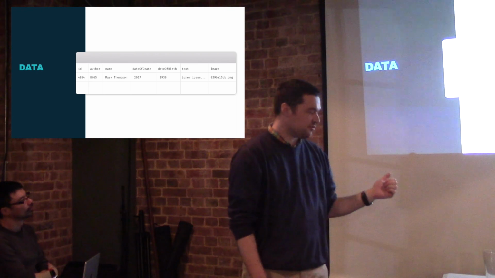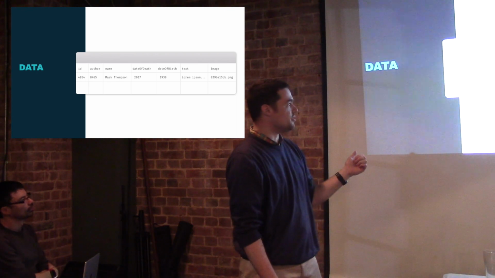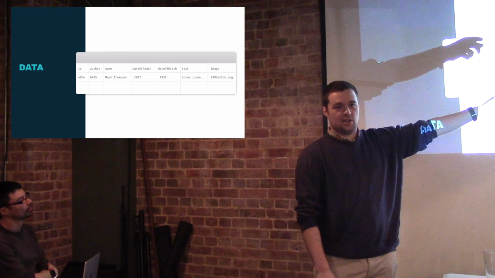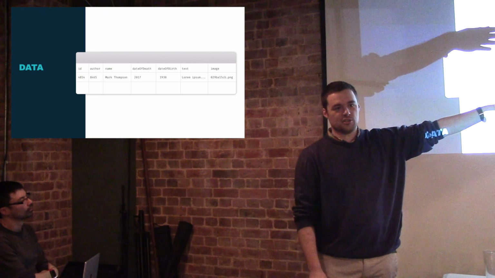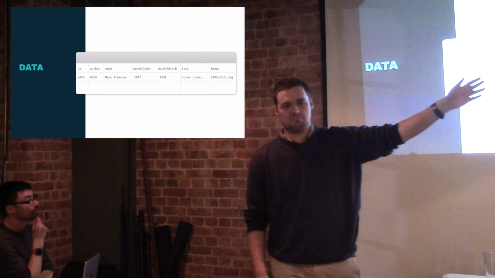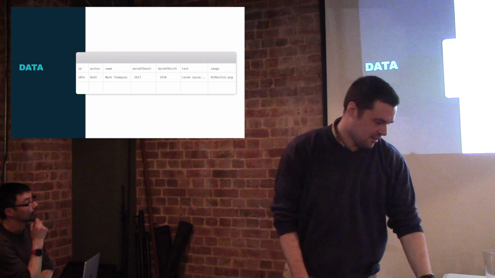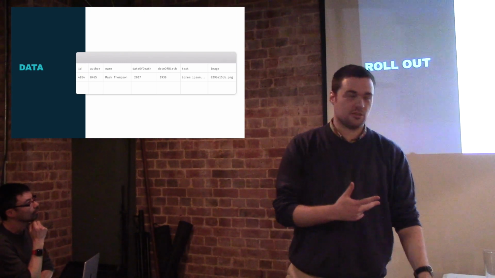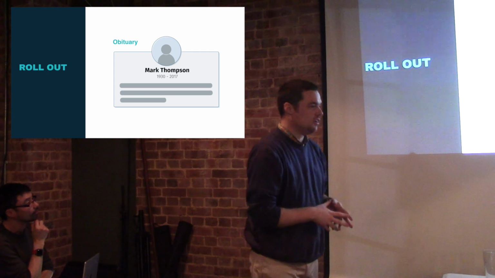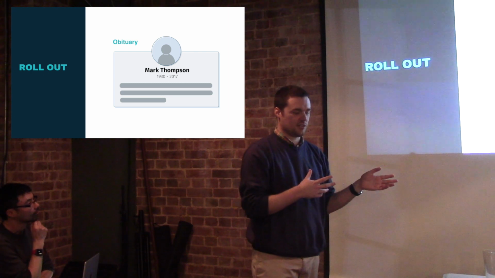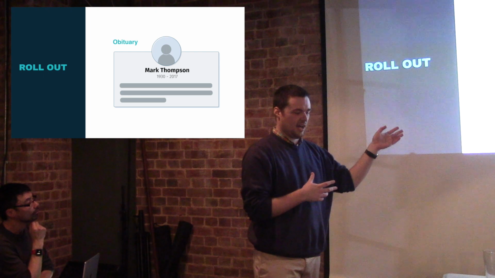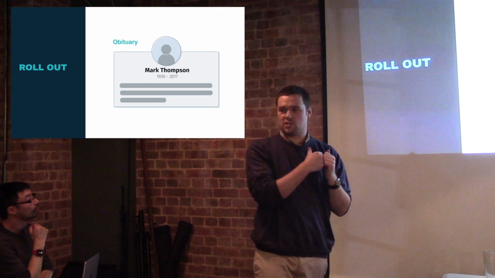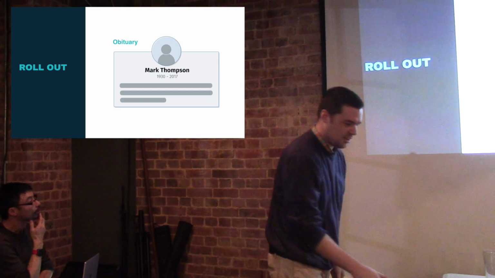And this is an example of some data that you might have in there, and you note that the image for the obituary is a string, a path to the image, maybe relative, or whatever. So you design the tables and you roll out the product, and you might have a website front end, displaying the obituary, and that front end is being powered by that database structure behind the scenes.